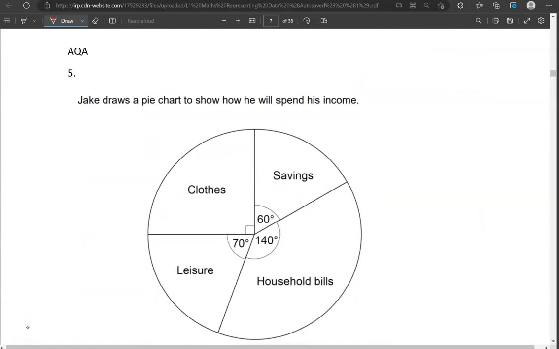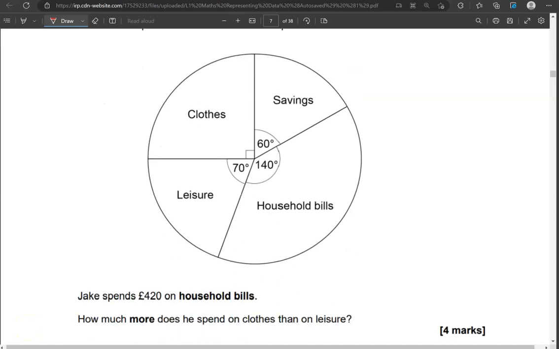Jake draws a pie chart to show how he'll spend his income. Jake spends £420 on household bills. How much more does he spend on clothes than on leisure?